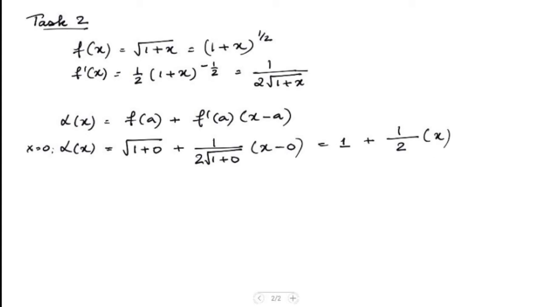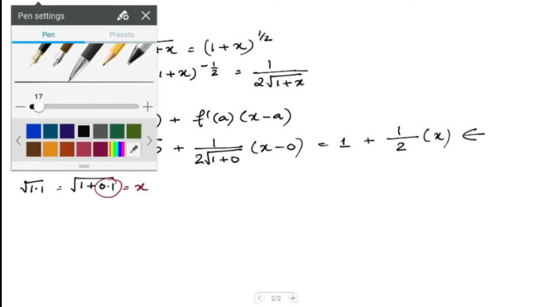Now what we need to do is find the answer using this formula for root 1.1, which means when we place this in our function, it would be root 1 plus x, so the x value here is 0.1.